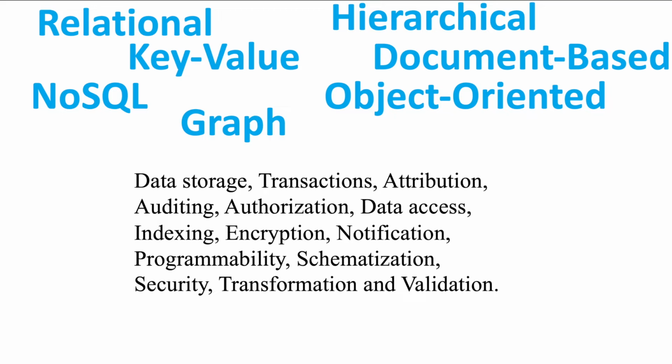And the final thing I'll pick out on this is schematization. Obviously, with a database like SQL Server, which is a relational database, you actually have a schema. You predetermine and create from a script all the table structures and give very specifics about what each column in a table can contain.